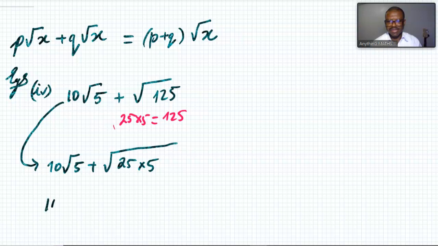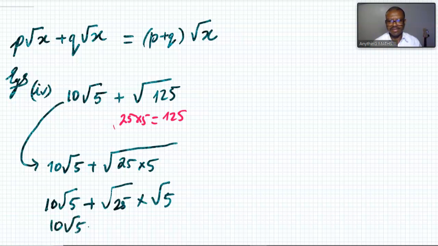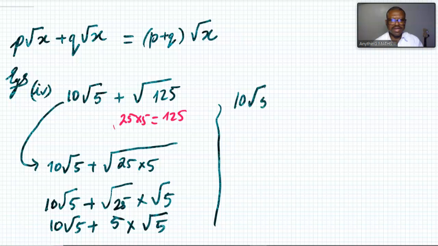The next step will be 10 root 5 plus root 25 times root 5, then 10 root 5 plus 5 times root 5. The next step will be 10 root 5 plus 5 root 5.